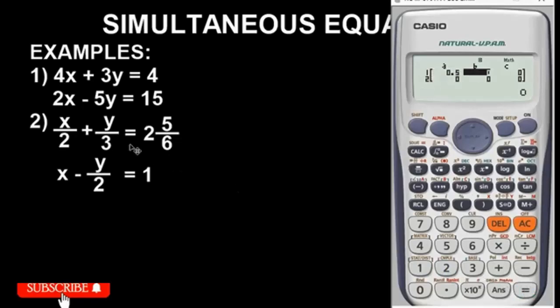Then our B will be the coefficient of y over 3. That's 1 over 3. So it's either you use this division, so 1 divided by 3, or you can make use of this fraction key. I always recommend this one, 1 divided by 3. Either one will work for this particular solving.